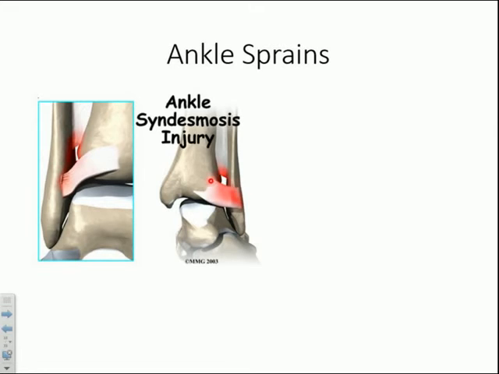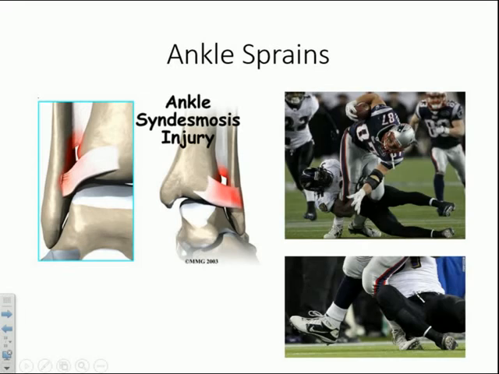The tibia and fibula are connected through some very strong anterior and posterior ligaments known as the anterior and posterior inferior tibiofibular ligaments. This injury typically results from a torsional movement which twists the talus inside of the mortise structure of the tibiofibular space, which results in separation of the tibia and fibula and can do damage to these ligaments.